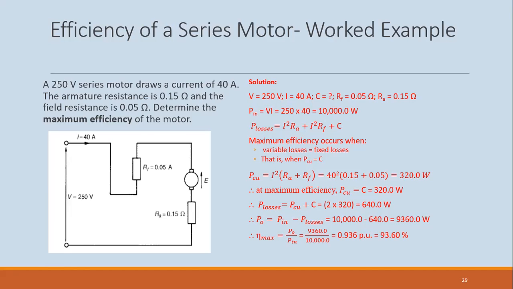And the armature resistance is 0.15 ohm, and the field winding resistance is 0.05 ohm. Determine the maximum efficiency of the motor.